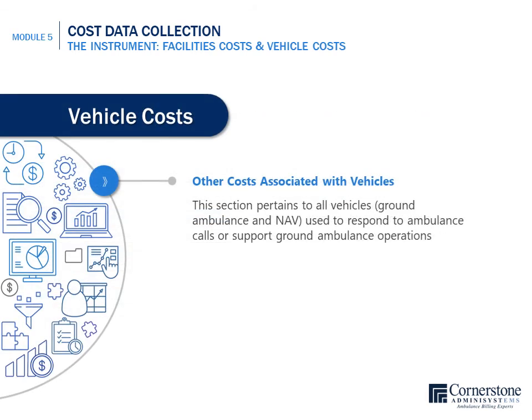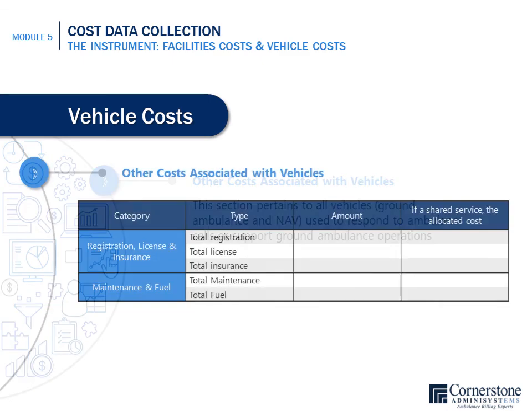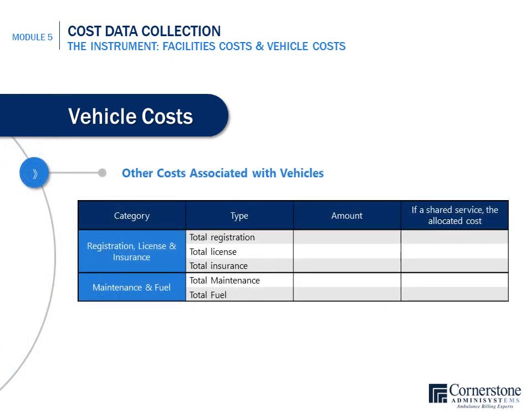Now on to other costs associated with vehicles. This section pertains to all vehicles, so ground ambulance and NAV, used to respond to ambulance calls or support ground ambulance operations. Here we can see that CMS is focused on registration, license and insurance costs, as well as maintenance and fuel costs.